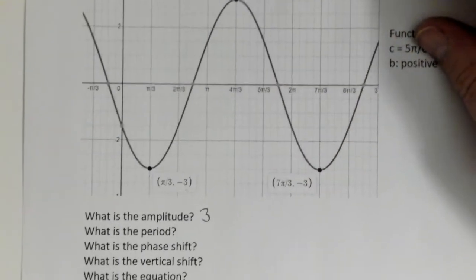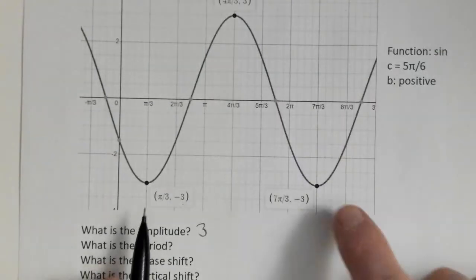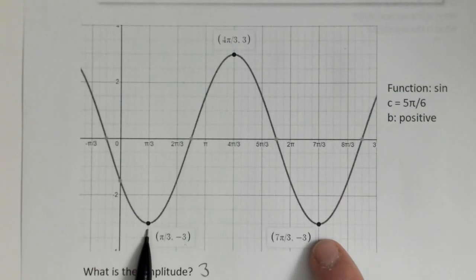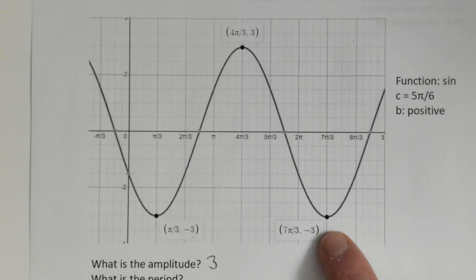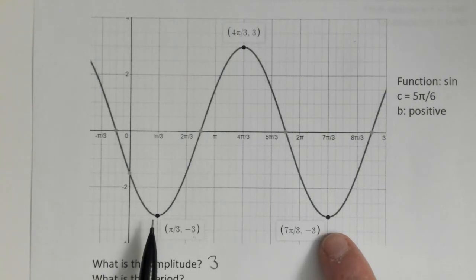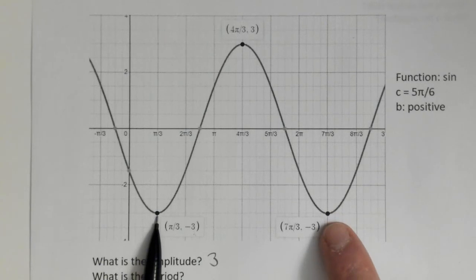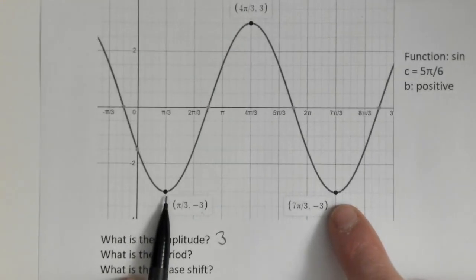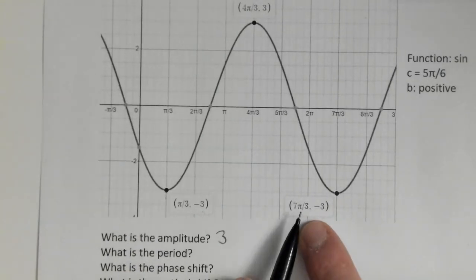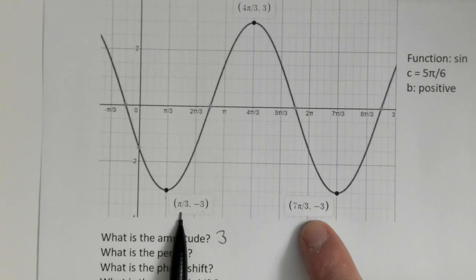Okay, so let's see if we can tell what the period should be here. This is something that we can also get by looking at the graph. If I wanted the period here, I could say, from here to here is one full cycle, right? So what's my period from here to here? One full cycle of the graph. To get that information, I would just need to subtract this x value from this x value.